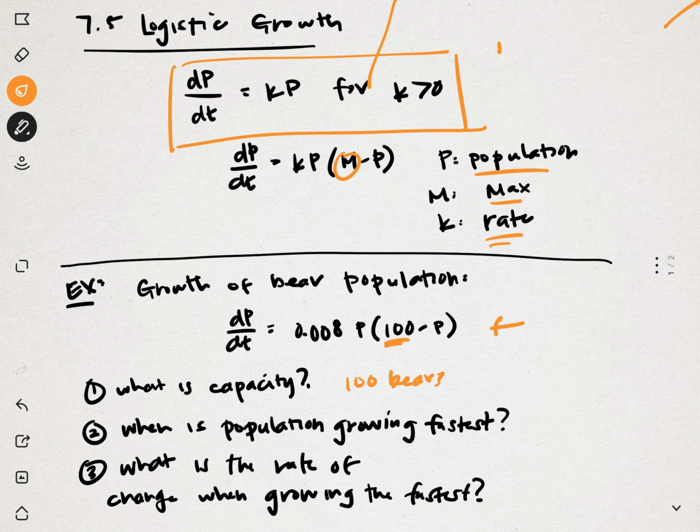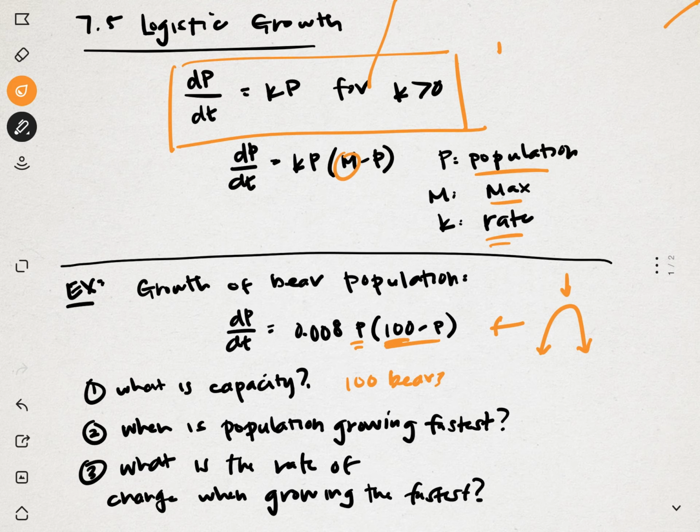The second is asking us, when is the population growing fastest? The thing to remember here is that P times the quantity 100 minus P, if we multiply this whole thing out, we're going to get a quadratic, which means we have a parabola that looks like this. And what we know about parabolas is that the maximum is always halfway between the two ends.